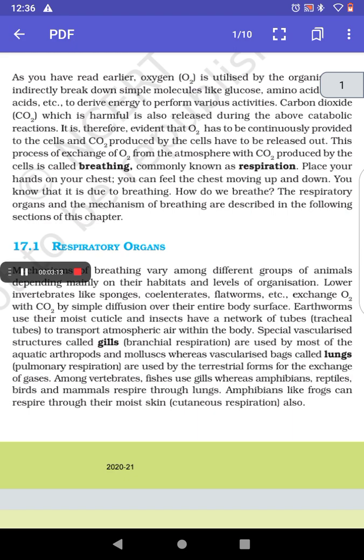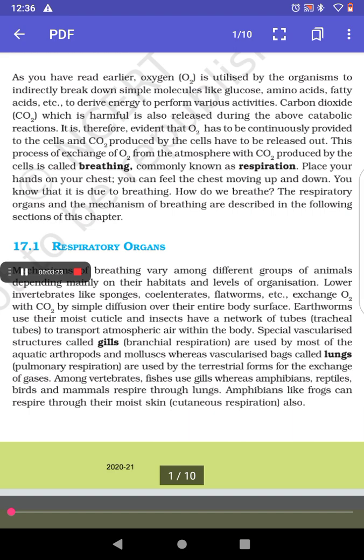There are three types of respiration. First of all, branchial respiration, which means the gills, the specialized vascularized structure. What is meant by specialized vascularized structure is they have connecting tubes, blood vessels, everything, so they are called vascularized structures.